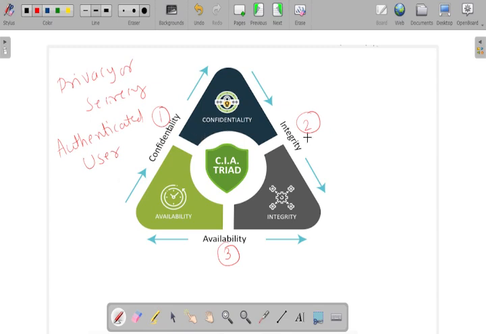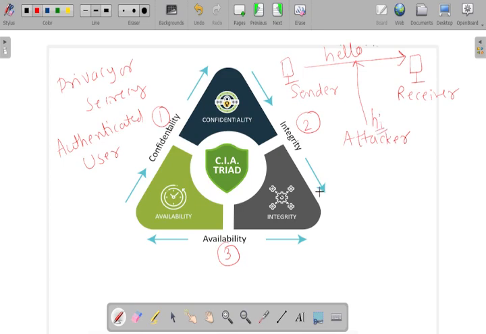The second one is integrity. In case of integrity, suppose there are two users, a sender and a receiver, and the sender sends data to the receiver. Suppose the sender is sending the message hello, and an attacker is trying to capture the information sent from sender to receiver, and is trying to modify the message.